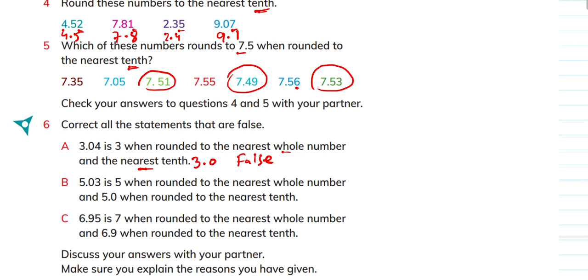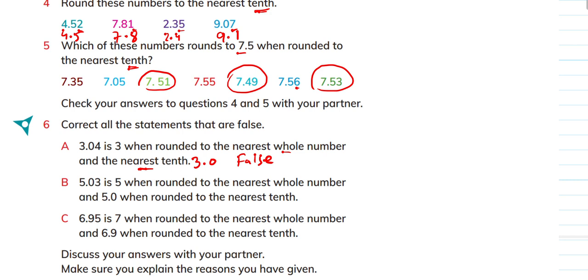Listen, boys. If you are rounding to the whole number, you have to leave the decimal parts. The first leaving is 0, no effect. So yes, it is 3. This part is correct, but what about the next? To the nearest tenth, you will leave 4 only.